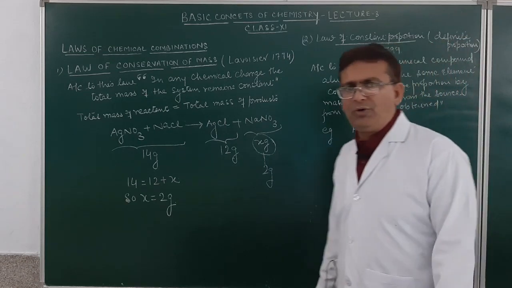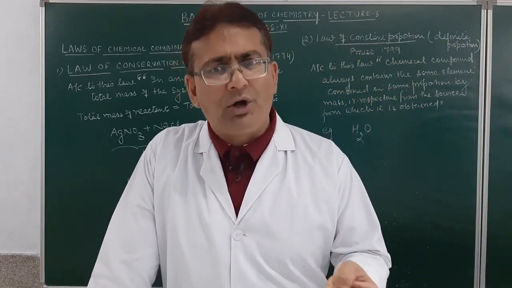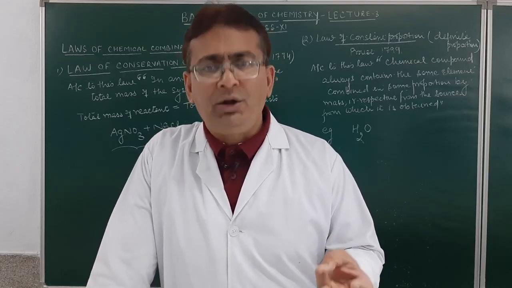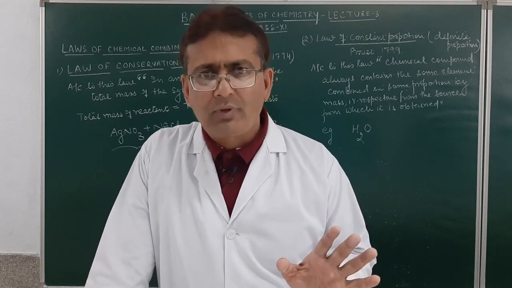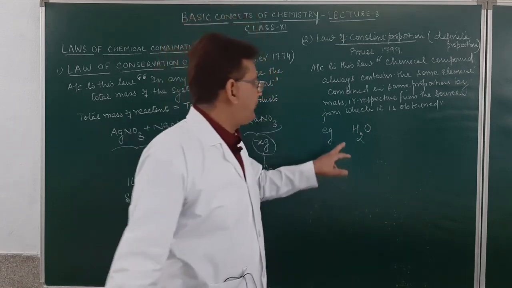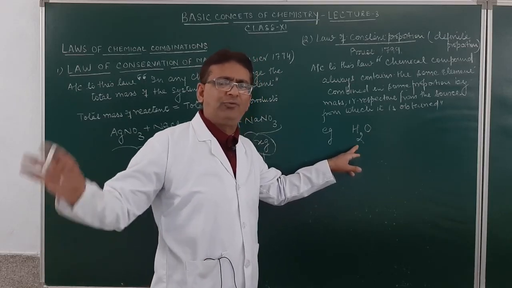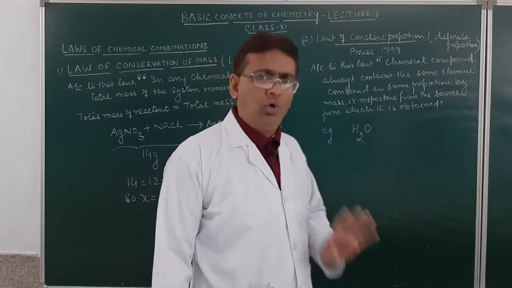All of us know the formula of water. Now we know water can be lake water, sea water, rain water, tap water, anything. Am I clear? But from whatever source, either lake, river, sea, oceans, wherever, the formula for water will remain H2O.